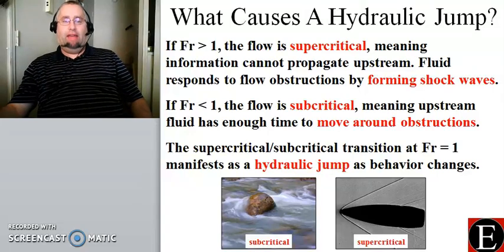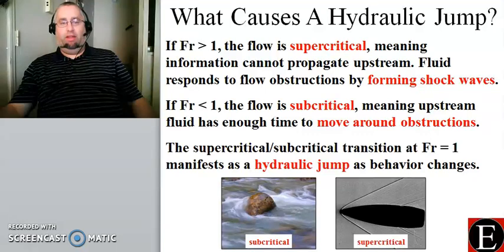What happens in that case is that if there's any upstream disturbance in the fluid, the information about that disturbance cannot propagate because the fluid is flowing faster than the rate of information propagation in that fluid. And so when the fluid actually reaches the disturbance, it responds instantaneously to the presence of some disturbance that it didn't know was there before and forms what are essentially shock waves.